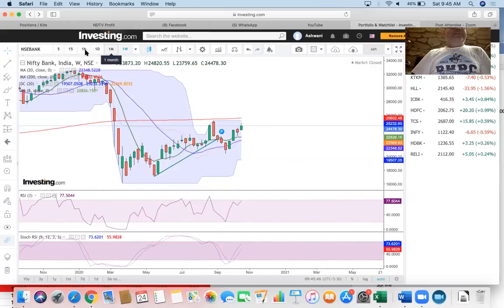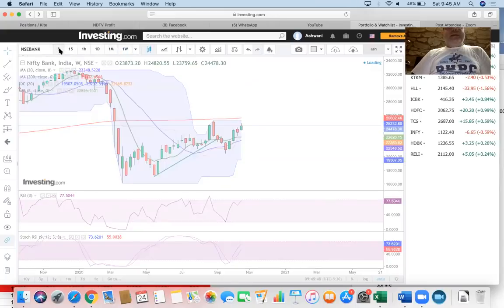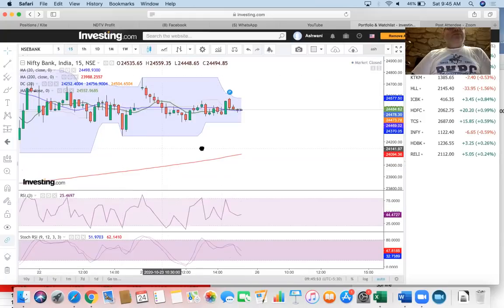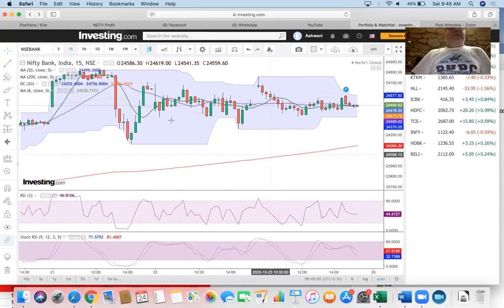So this is the broad gist of the story, and let's look at some examples from Bank Nifty. Bank Nifty, if you look at the intraday type move, previous session high was 24,685.